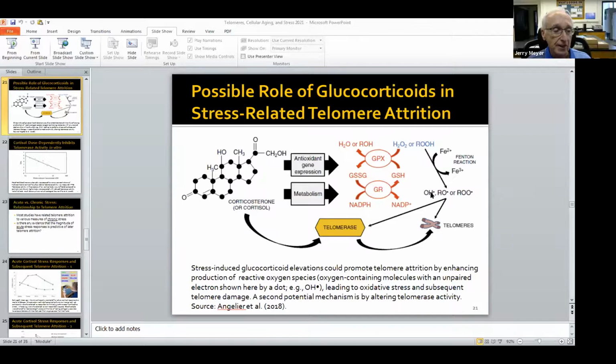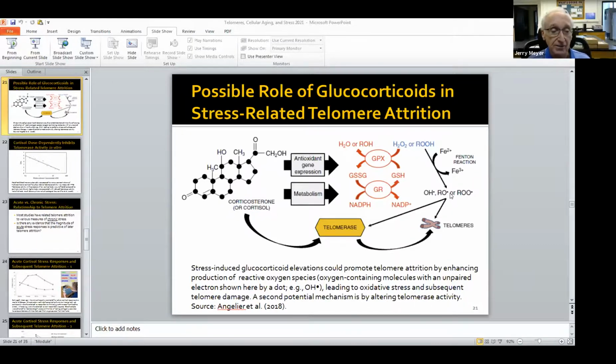So these hydroxyl radicals and other radicals, this just means another part of the molecule. There may be peroxides here with 2 oxygens with a free electron. These guys are bad. They're bad in your cells. They're highly reactive.